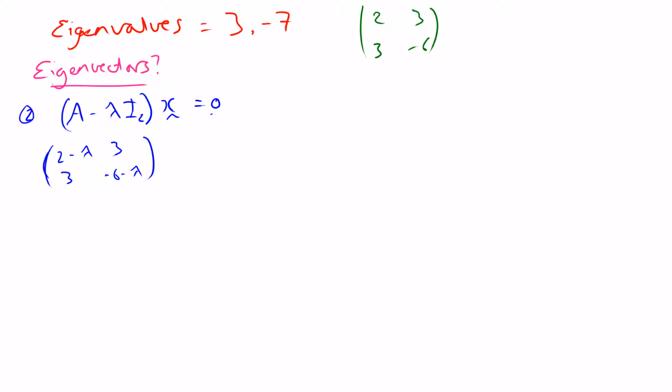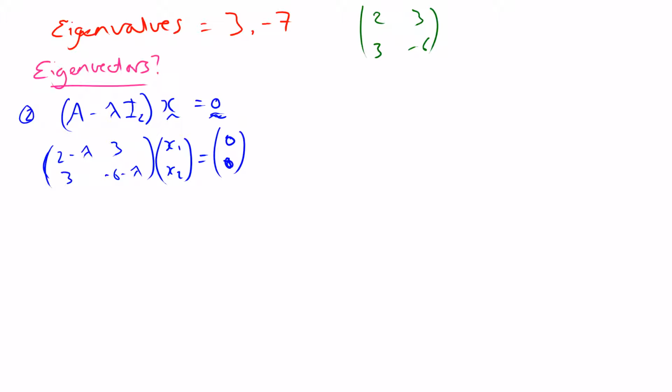And we want to multiply that by the vector x, where x is x1, x2, and here I forgot to say that 0 is the zero vector, so that'll be 0, 0, because a 2 by 2 matrix multiplied by a 2 by 1 column vector is equal to a 2 by 1 column vector. So now all we have to do is multiply this out.